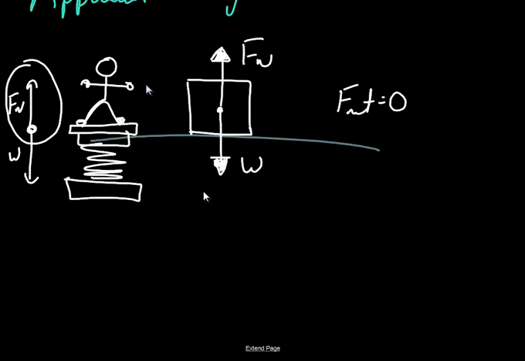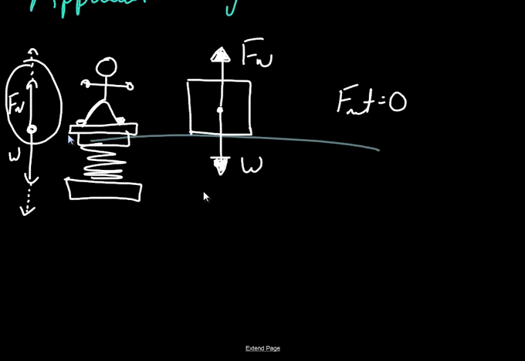If you gain weight, if your weight gets larger, so if you pack on some mass, your weight will get larger. This will sink down lower because it will have to push up on you harder. We will say that you have a larger apparent weight. So that's kind of like the basis of this.